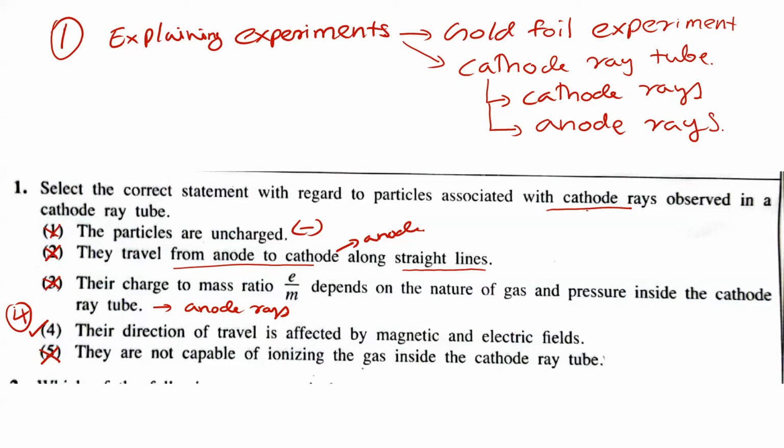Now you can see that it's asking some facts about an experiment. This is about the cathode ray experiment, and some parts are mixed up with the anode ray experiment.